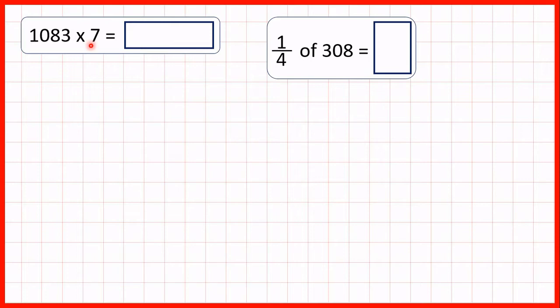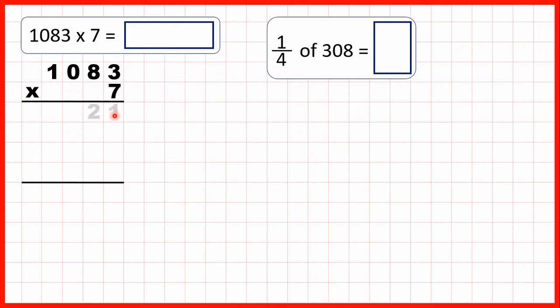1,083 times 7. So we can set this out as a column multiplication. And if we're using expanded multiplication, we need 4 answer lines because we have 4 digits in our number. Now, 3 times 7 is 21. We need a 0 in our second answer line because we're multiplying by the tens digit, so a 0 in our ones, and 8 times 7 is 56.